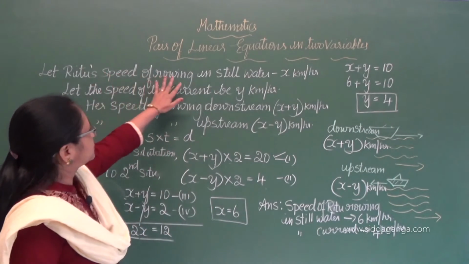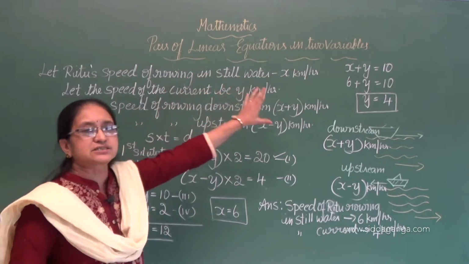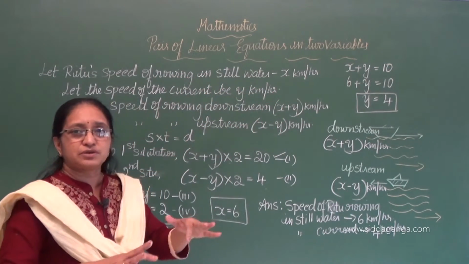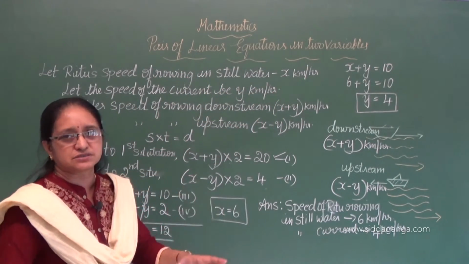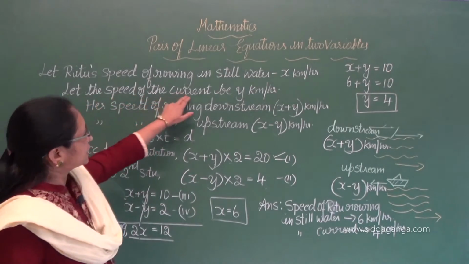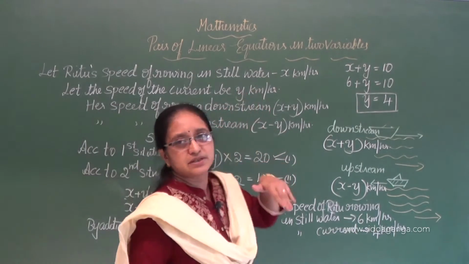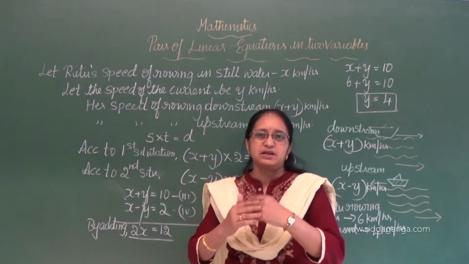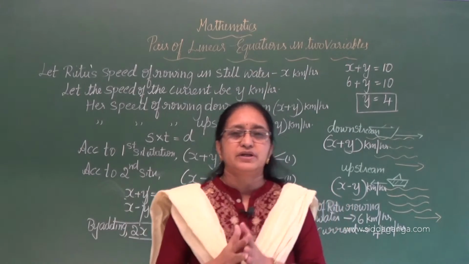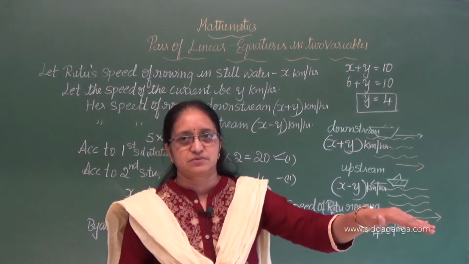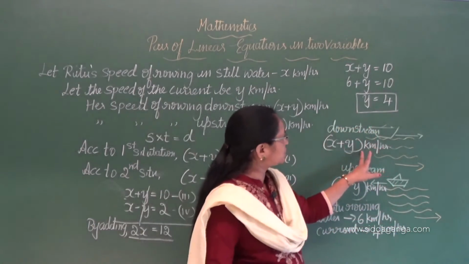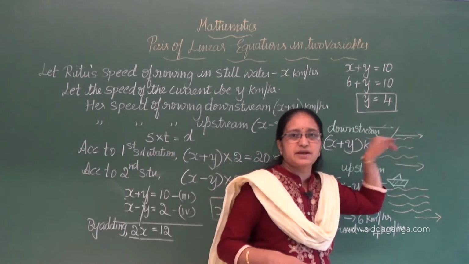See, let the speed of Ritu rowing in still water be x kilometer per hour. Okay, that is fixed. Next, the speed of the flowing water is y kilometer per hour. So what will happen? The speed will add up when we go downstream, meaning when the boat and the flowing water are in the same direction.